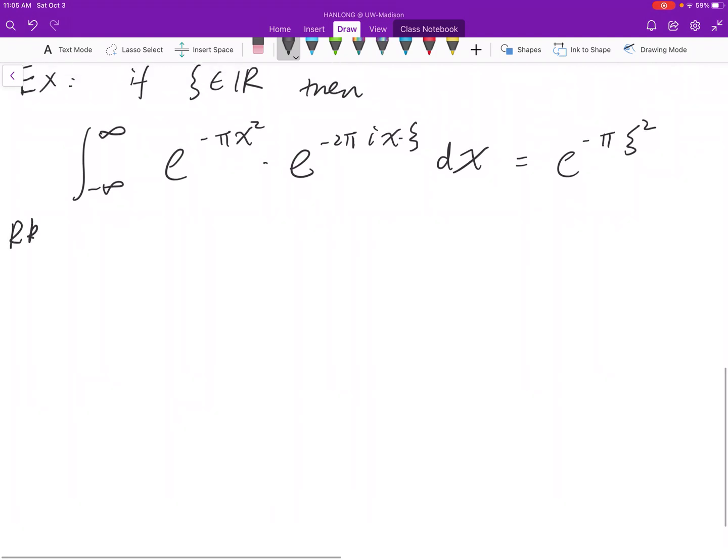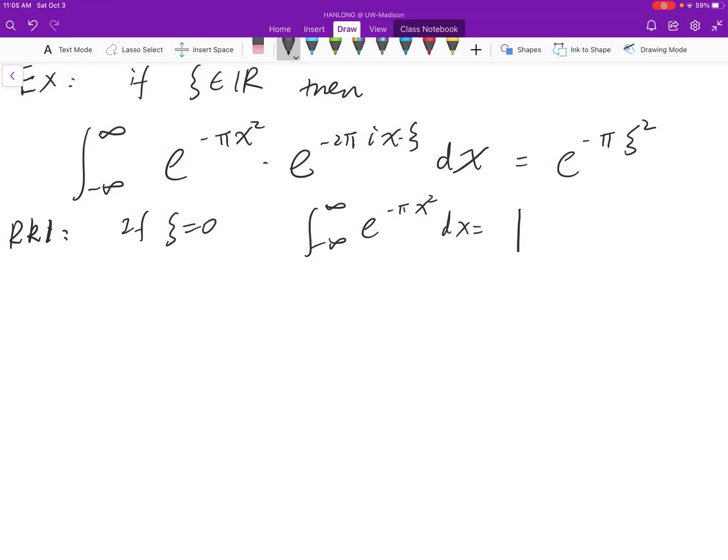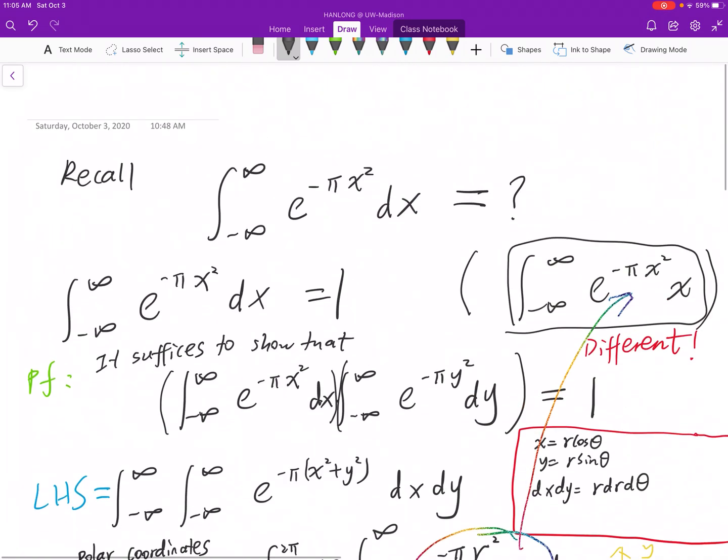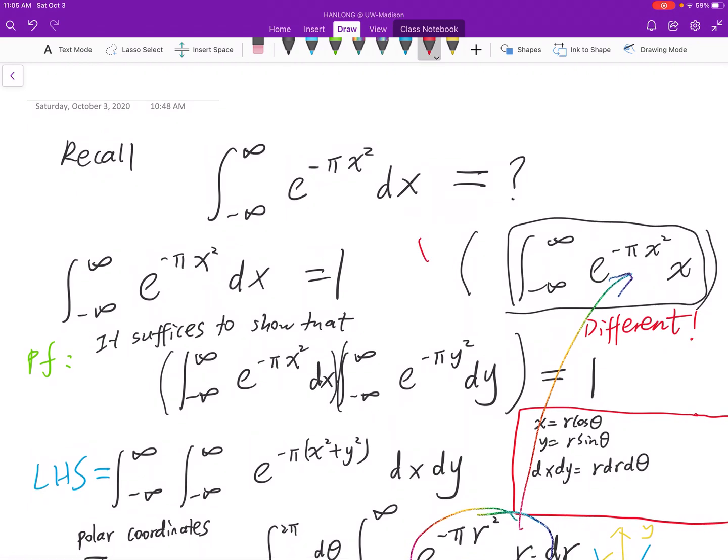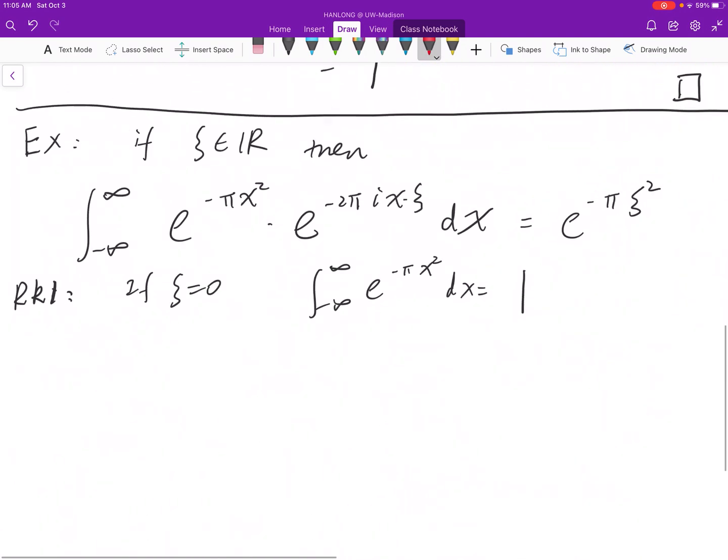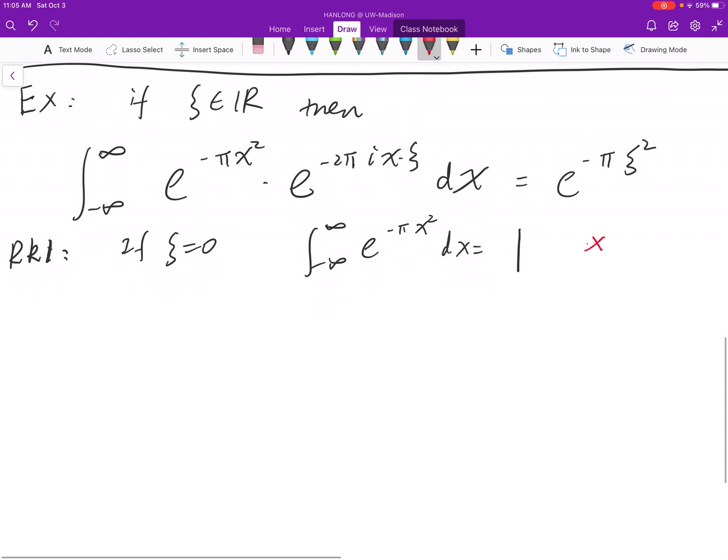Before we give the proof, I would like to make two remarks. First remark, if xi is 0, then we derive the original formula here. So we can view the xi version as a generalization of the original Gauss integral.